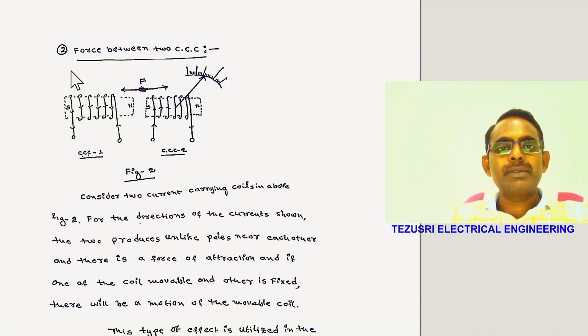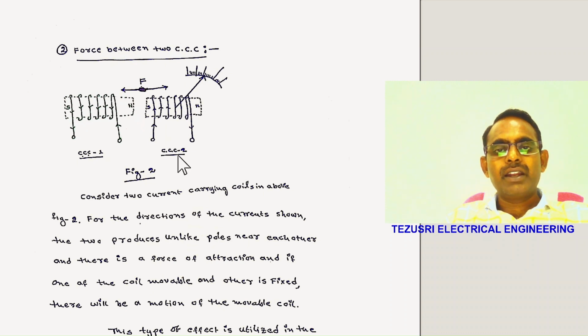According to the Lorentz principle, there is also a force between two current carrying conductors. Consider two current carrying conductors. Current is flowing through current carrying conductor 1. It produces an imaginary bar magnet, with north and south poles according to the current direction, and it is a fixed coil.